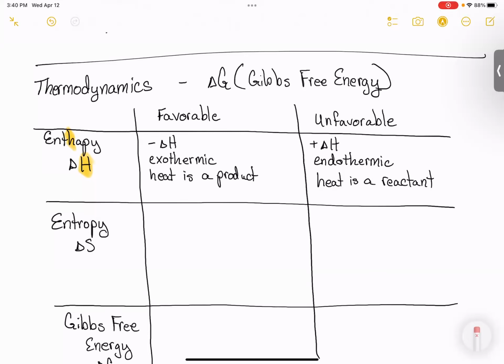Now, one way I help students try to keep this straight is I look at the term exit or exo, and every time I think of exo, I think of exit. What exits a reaction? The products. That's why heat is a product for an exothermic reaction.